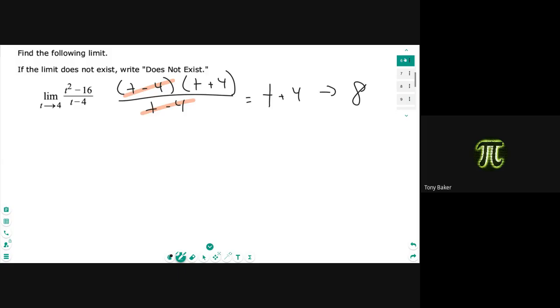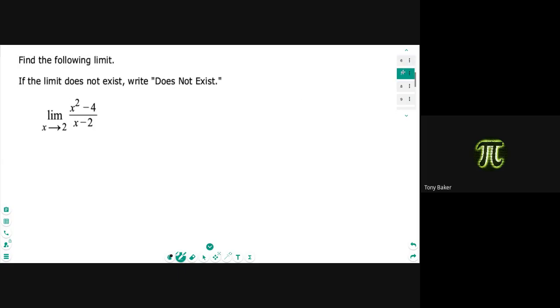That's the same one. I've noticed this. Hold on. Real quick.